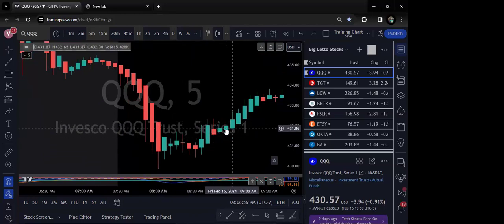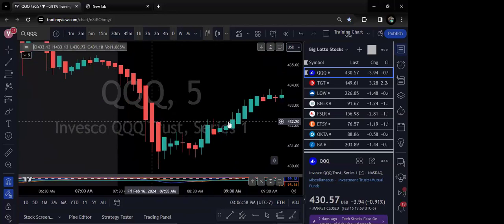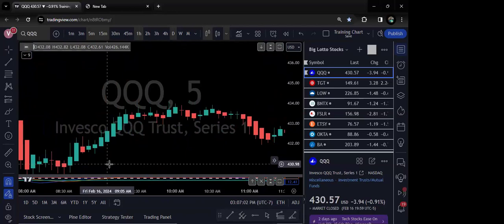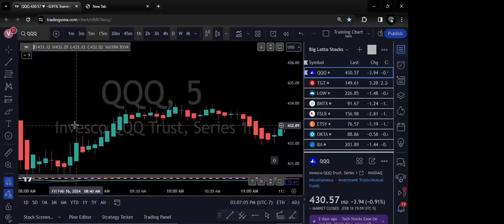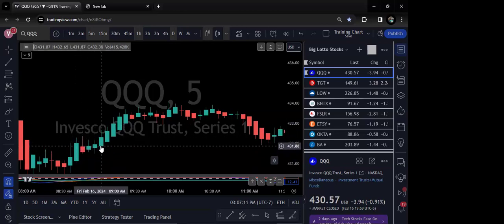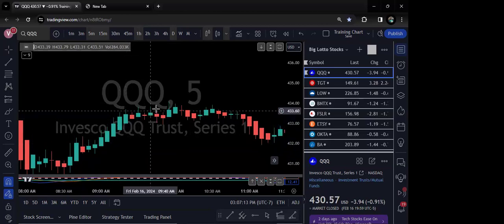Here, we don't have any entry, no change of character until this candle. Okay, then we have indecision. This one, good entry if you're a scalper. On the first indecision candle or inside candle, move your trailing stop. So you're getting kicked out.